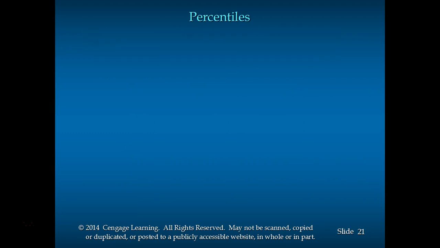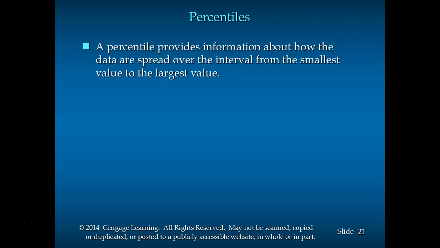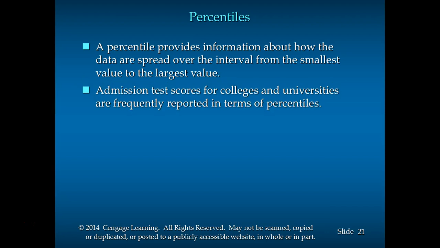The next one, so we covered mode, now is percentiles. A percentile provides information about how data are spread over the interval from the smallest value to the largest value. The median is the 50th percentile. Okay, I'll give you an example.